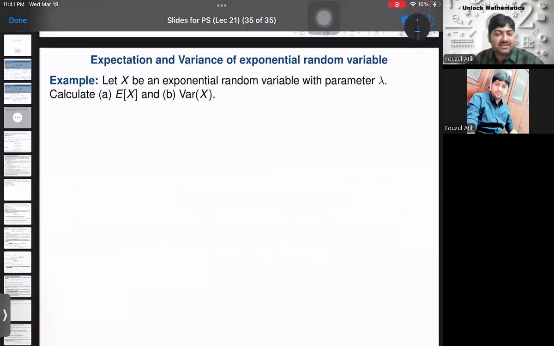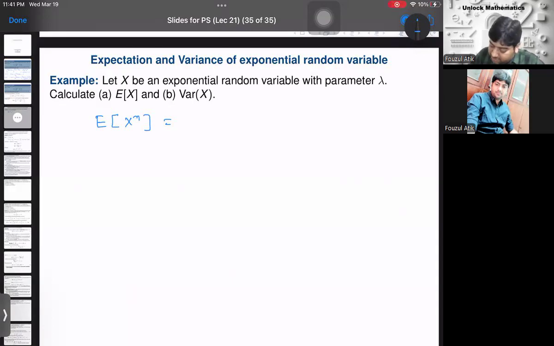Okay, now as I discussed, your next job is to calculate the expectation and variance of this random variable. To do that, first we will calculate the expectation of X to the power n. We will see that once you calculate this, we get it in terms of some other expectation, and that will be helpful to calculate E of X squared also.